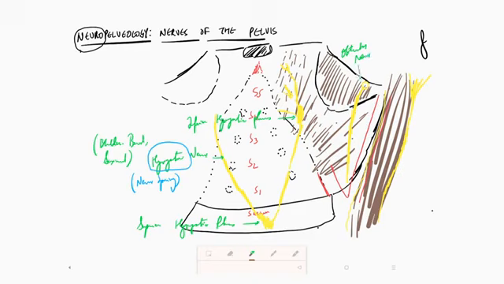Along with that you have here, which I am going to mark as the genitofemoral nerve, which is a very important nerve to supply the upper medial aspect of the thigh and the vulva. Both important aspects. The obturator nerve is obviously going to supply the entire adductor group of muscles.